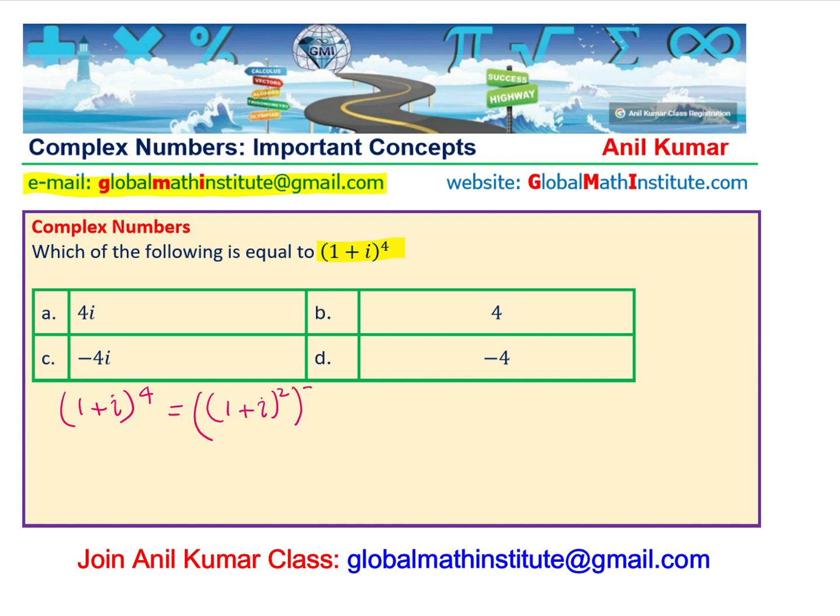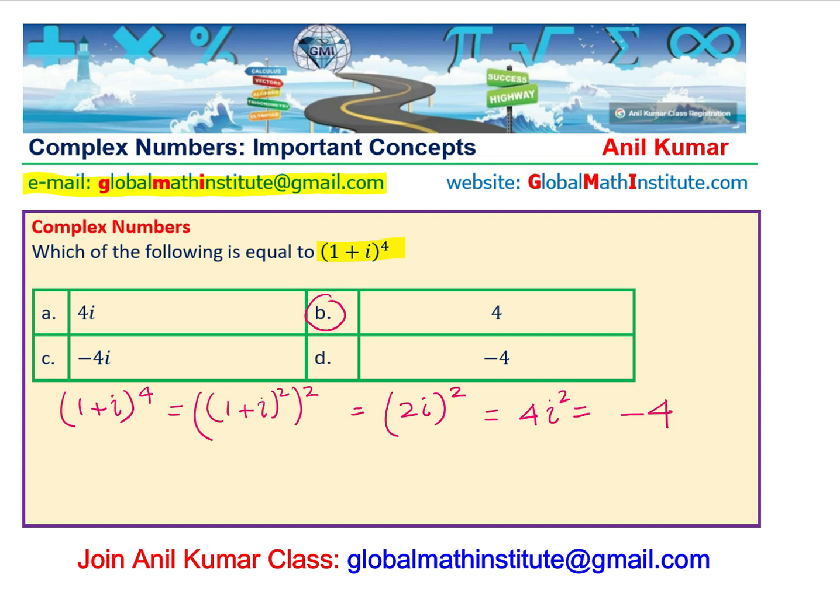You get the idea, right? Now, (1 + i) squared we just figured out is 2i. So basically we have to do the square of 2i, right? And that gives you 4i squared, which is minus 4. So we get the answer as minus 4, and so B is the right option.